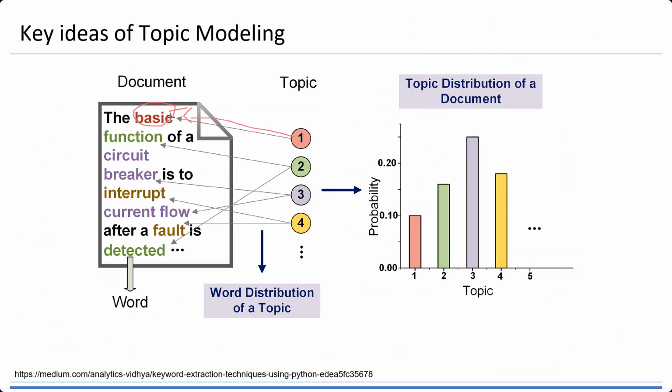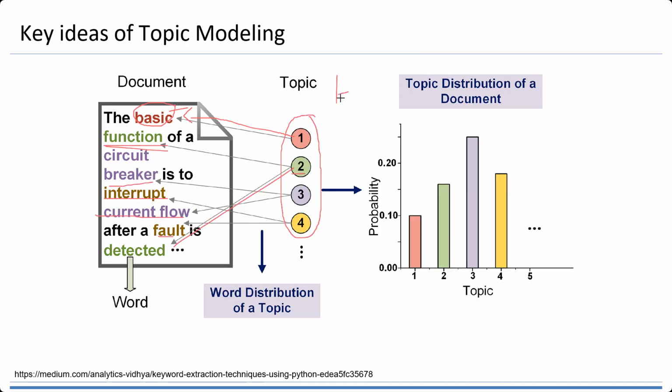How many times does this word appear in the document? How many times does function appear in the document? The function is highly correlated, for example, with detected, and the breaker is highly correlated with current flow. Interrupt and fault are also highly correlated.